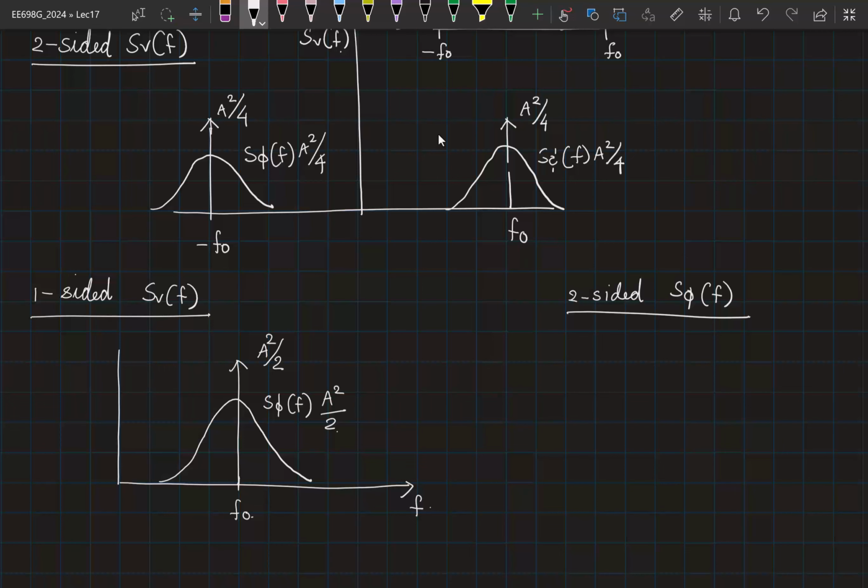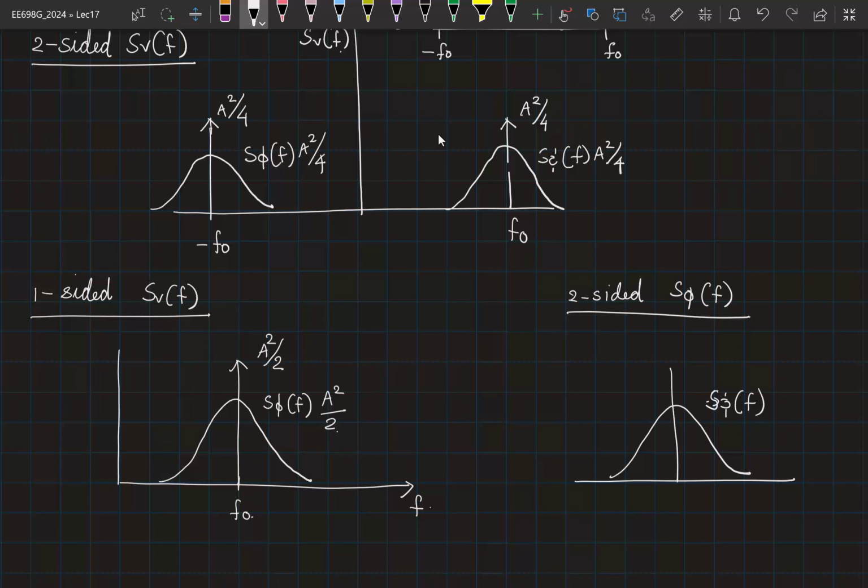This S phi of f shouldn't appear here; S phi of f is around 0. So this is the two-sided S phi of f.